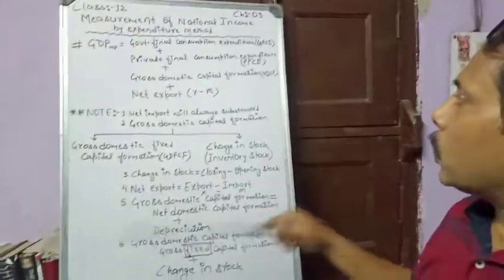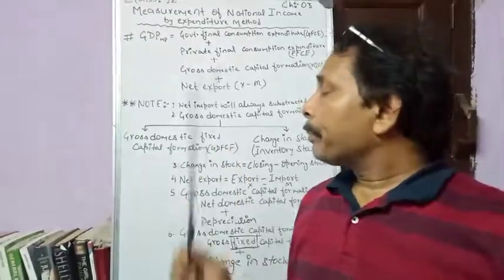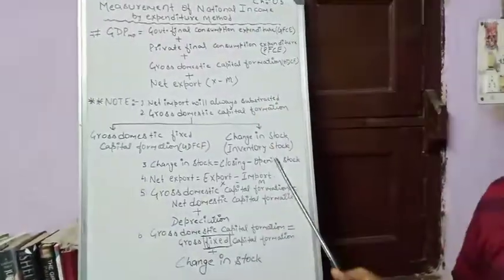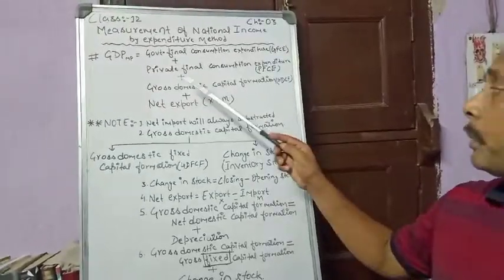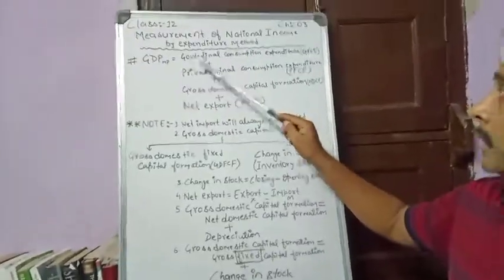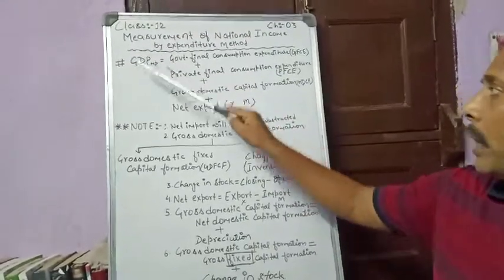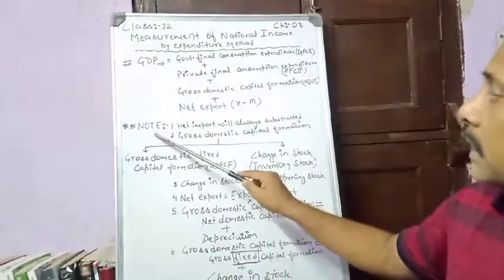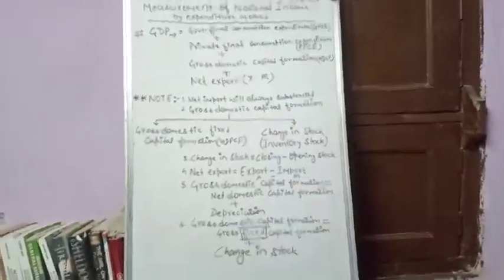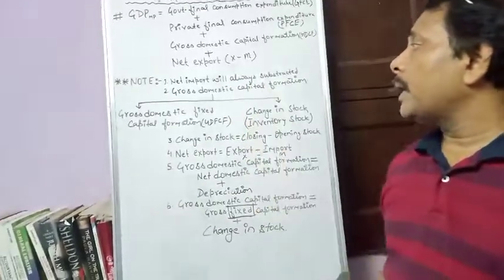Because all the goods which are purchased by the consumers, households, government include indirect taxes, and that's why it is known as market price. Here there are some notes, and this is the basic. Unless you keep it in your mind, it will be very difficult to calculate the national income.